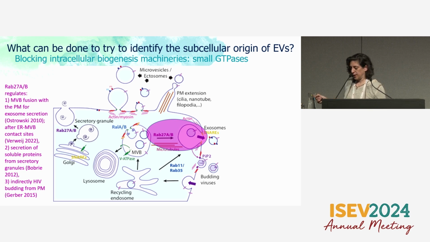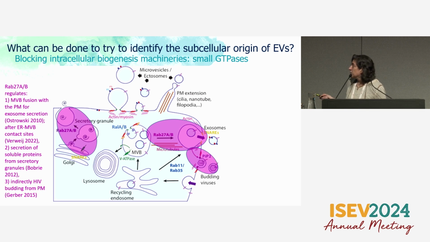And these exosomes, we had defined them as CD63 and CD81 expressing vesicles. But when we tried to use this to block exosome secretion in vivo, then we realized that while we were blocking exosome secretion, we were also blocking secretion of some soluble proteins. So it was not only specific of exosomes.